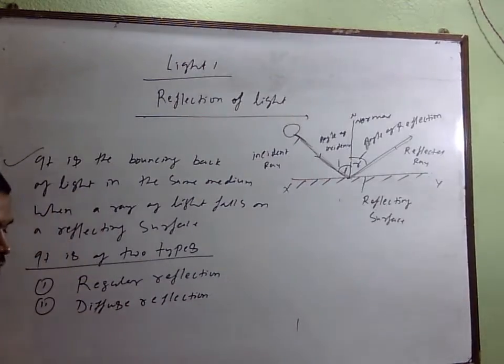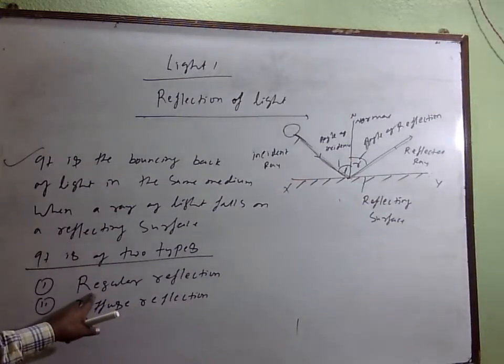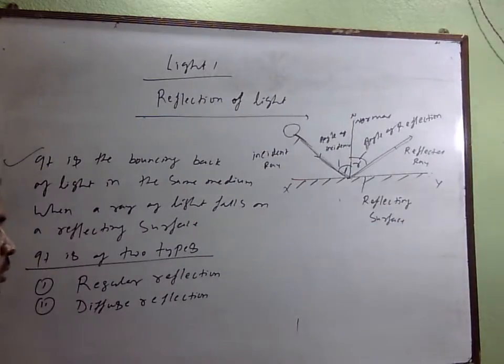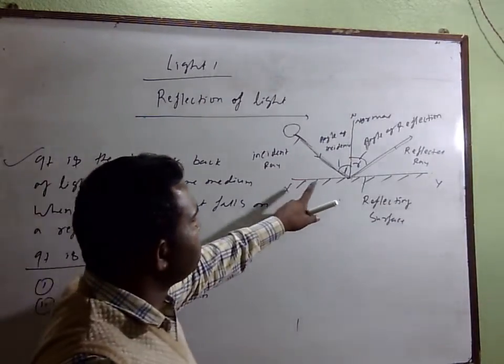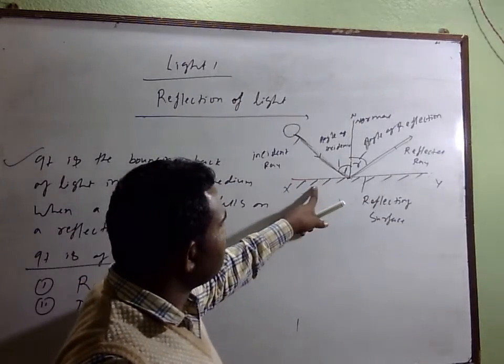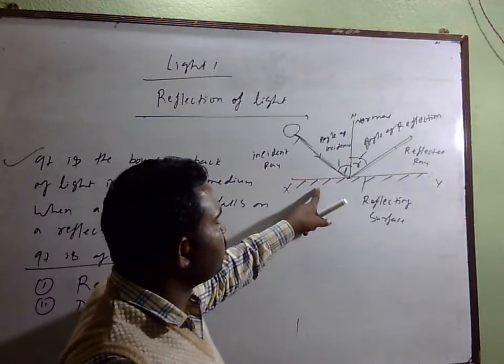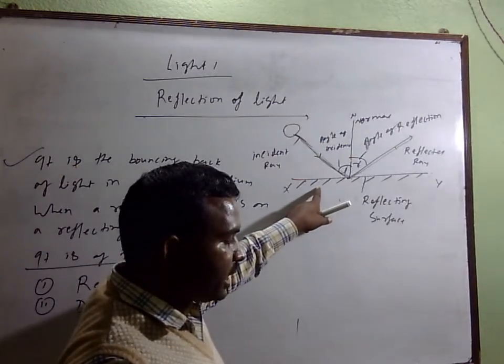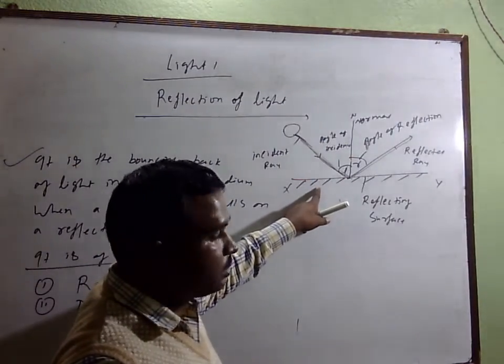This is the type, regular and irregular. It means the light can reflect regularly or it can reflect irregularly. It depends on the surface. If the surface is smooth and clean, then it can bounce back and obey the laws of reflection.